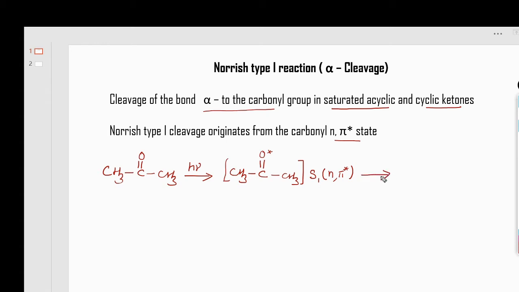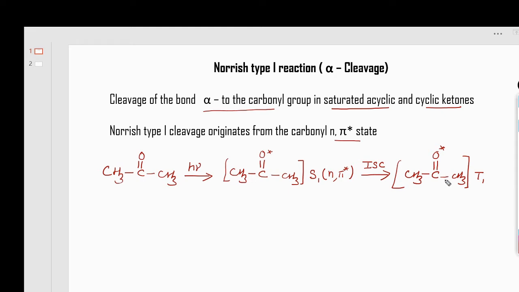Now when this undergoes intersystem crossing, it leads to triplet state. So the system moves to triplet state. So this one is the triplet state of n pi star. And in the triplet state, the reaction takes place.